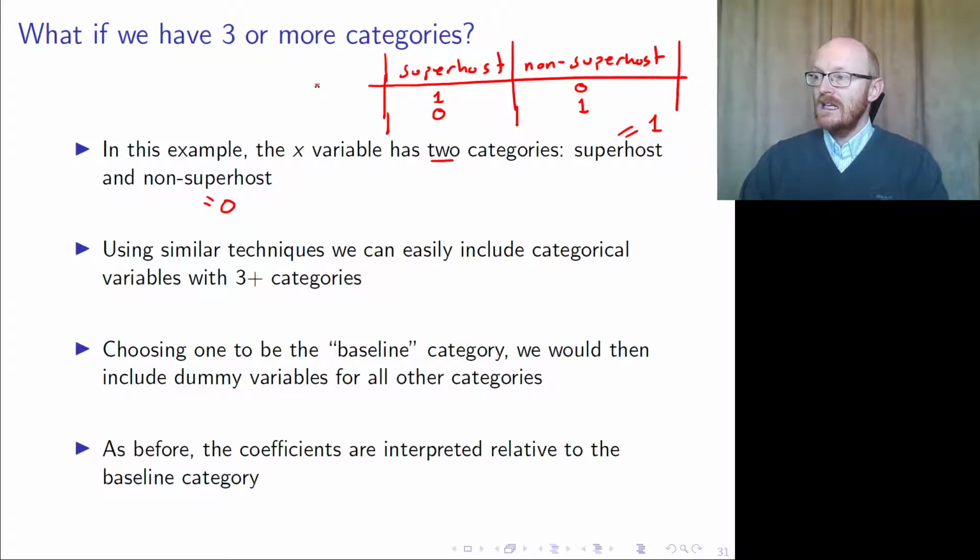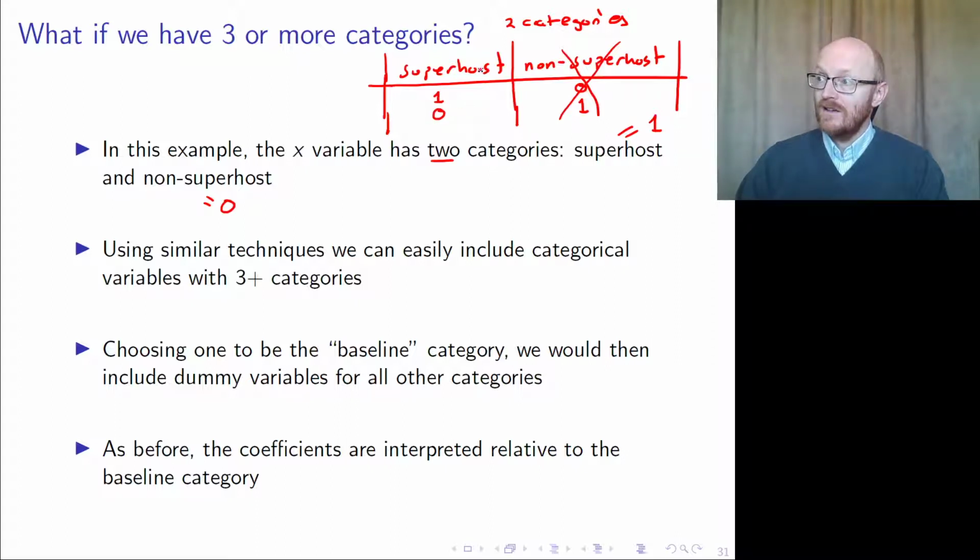So how can we expand this to 3 or more categories? Because for two categories, we chose to keep one of these dummy variables, and the other one we did not need. Remember that we talked about collinearity.